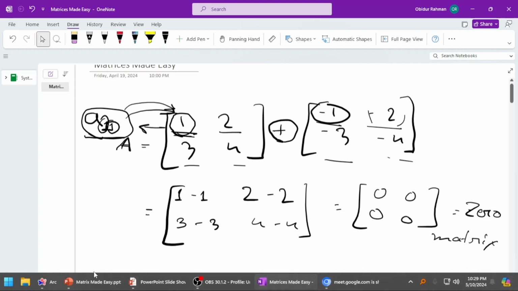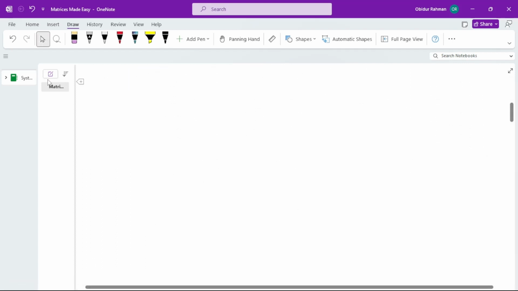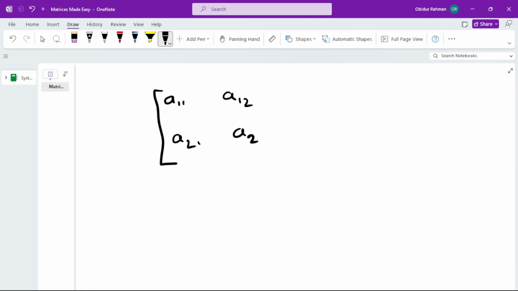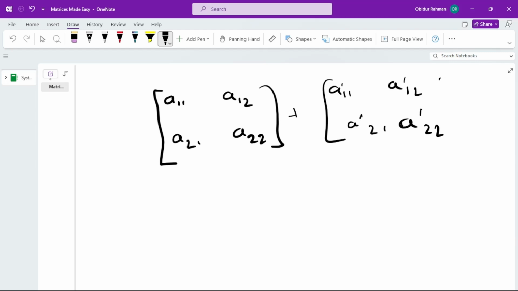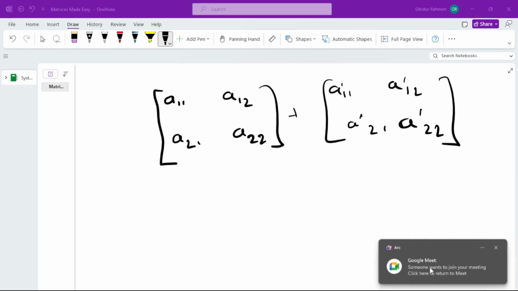So let me recap it again. What we actually do in a matrix addition is we take their positions and we add the same positions, the elements of the same positions.